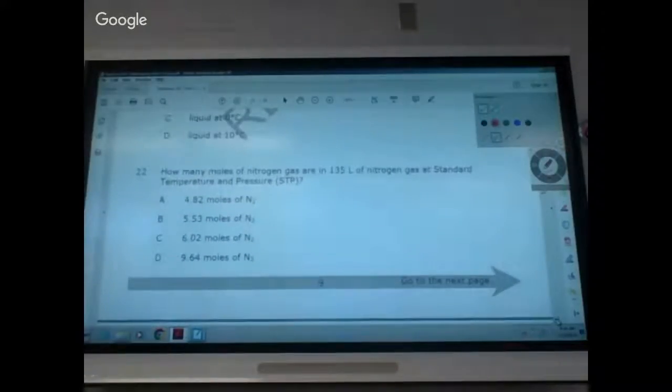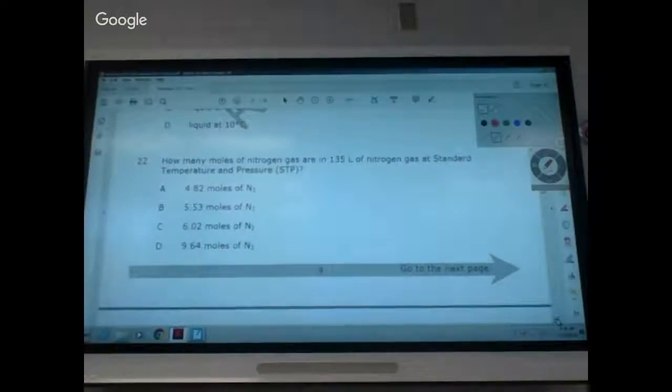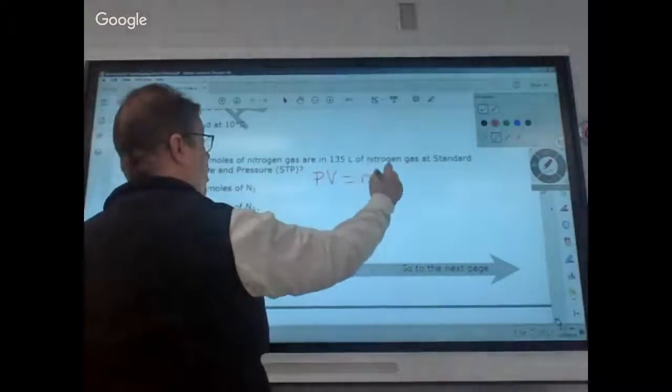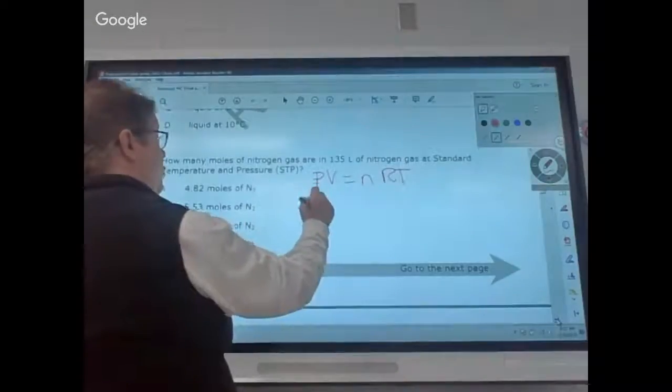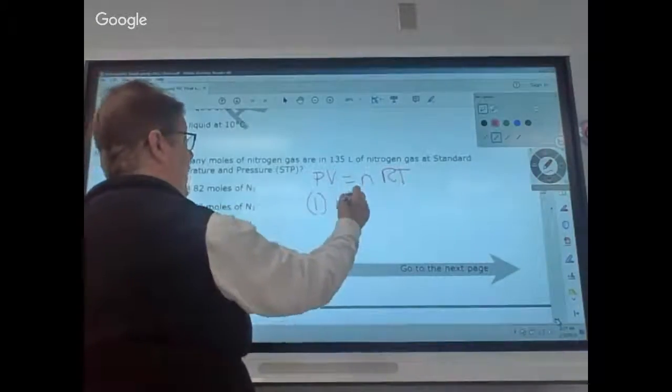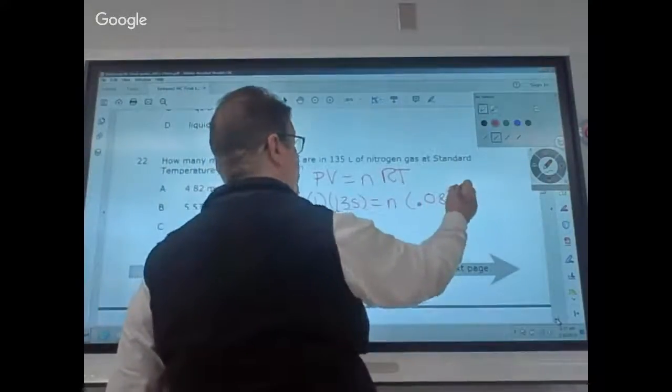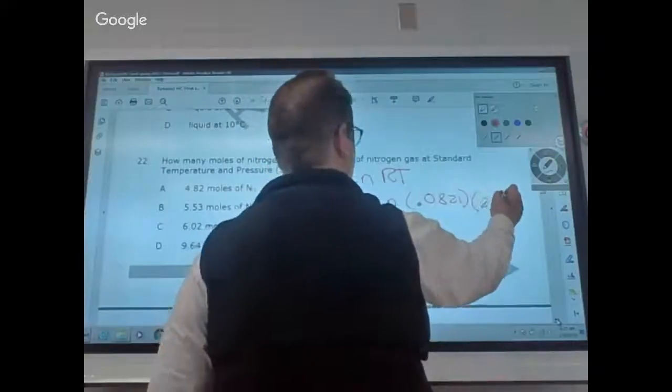This one: what should jump out at you to solve that question? It's got standard temperature and pressure, and it's asking how many moles. What formula should come to you? If it wants moles, it's nRT: PV equals nRT. Pressure is 1, volume is 135, moles we don't know, R is 0.0821, temperature is 273.